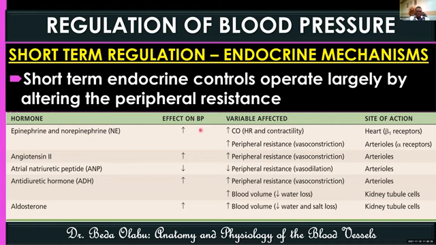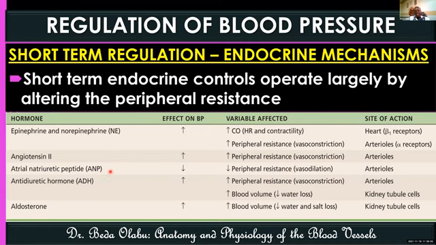I want to look at this one and realize that out of all those hormones I'm mentioning, this one, its arrow is facing down. ANP reduces the blood pressure. Now, the mechanisms are multiple, but one of them is that it lowers the peripheral resistance because it causes vasodilation.